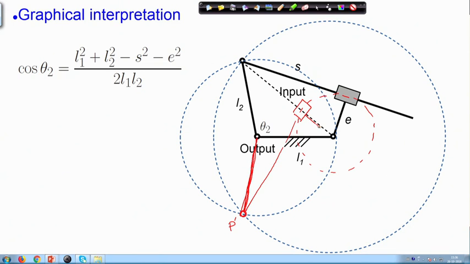This is the slider block and this is the other link. So, the red configuration is the other configuration of the mechanism.